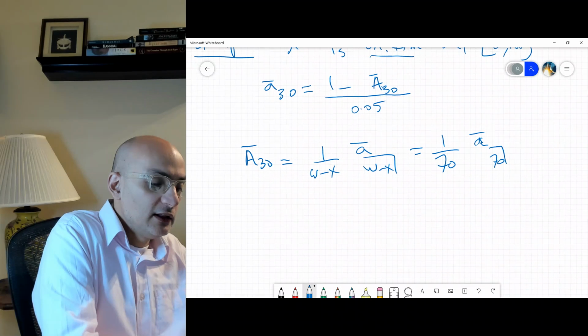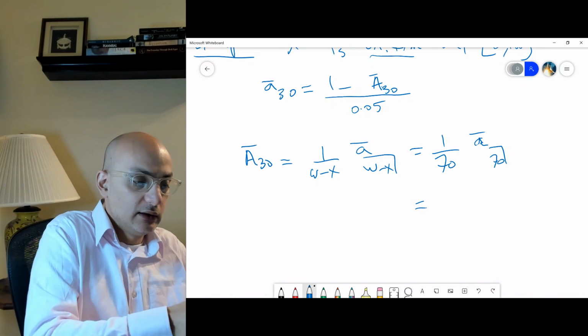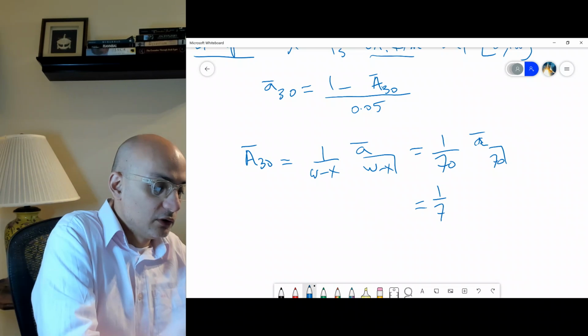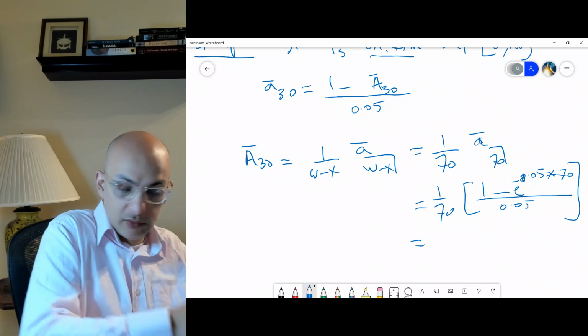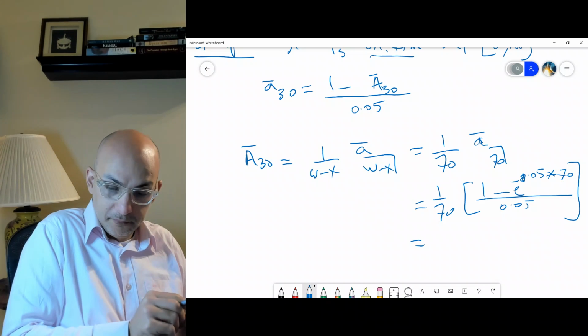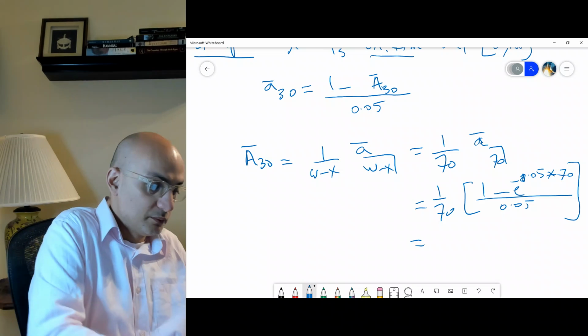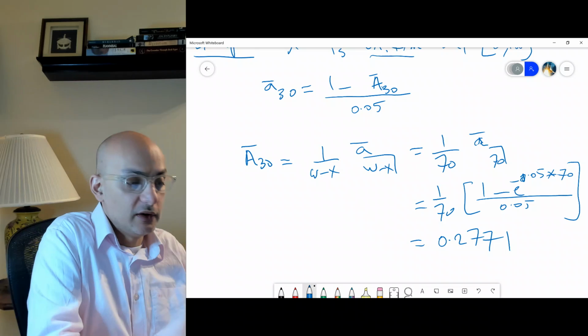We already calculated this before in the insurance benefit, but if you use your calculator quickly, this 1 over 70 times (1 minus e^(-0.05 times 70)) divided by 0.05. Let me calculate it quickly. Yeah, it's 0.2771. We calculated it in the previous session.